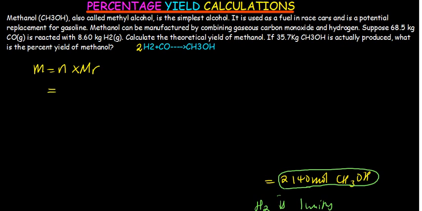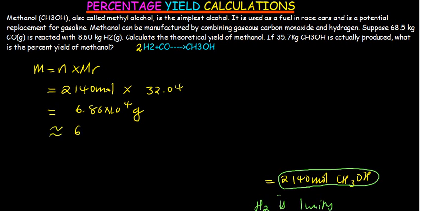The number of moles produced is 2140 moles, multiplying by the molar mass of methanol, which is 32.04. This gives us 6.86 times 10 to the power 4 grams, which is in standard form. I can convert it: this is just 68,600 grams of methanol produced.